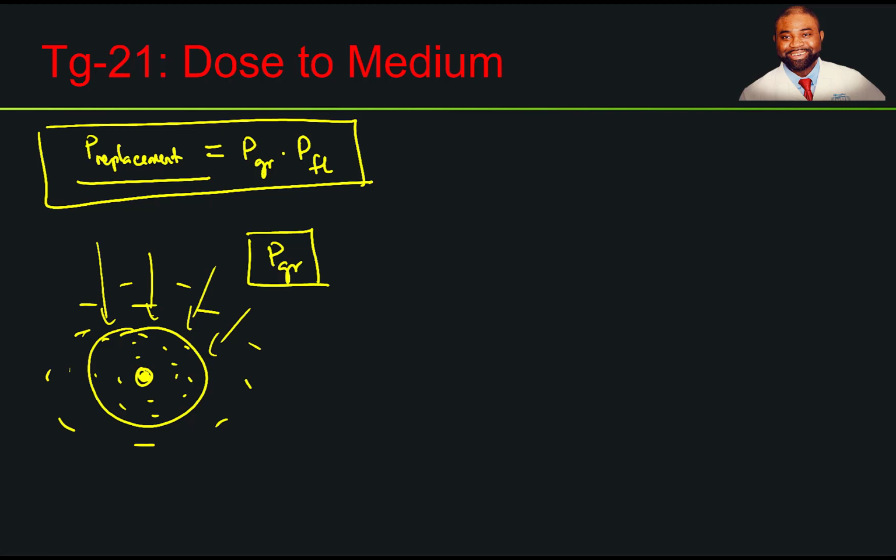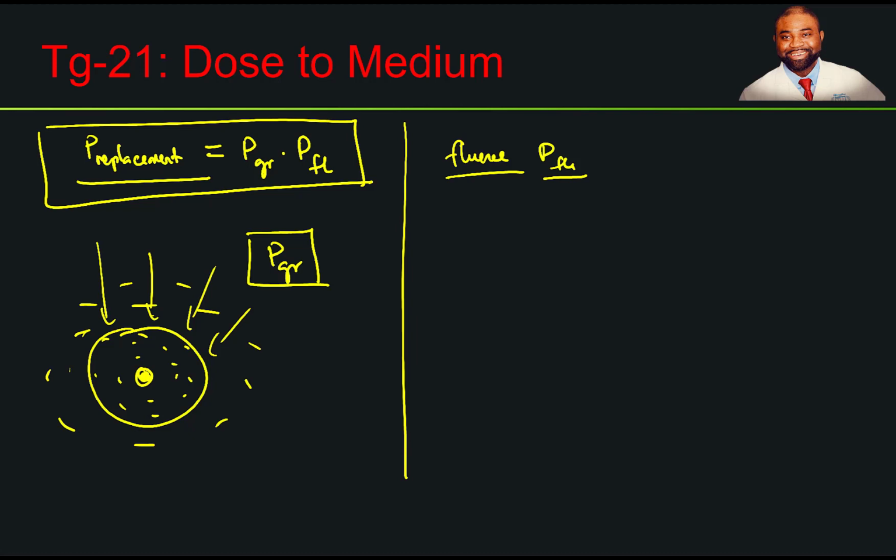Now, the next component of the replacement is the fluence correction factor, P fluence. The fluence correction factor corrects for changes in the electron fluence spectrum due to the presence of the cavity.